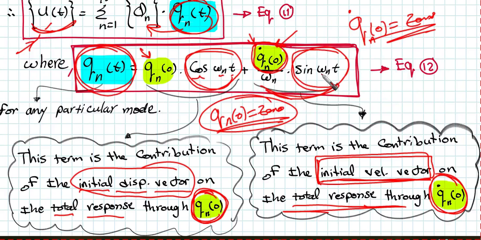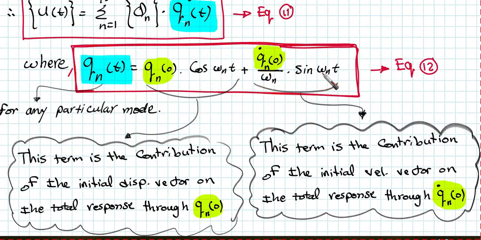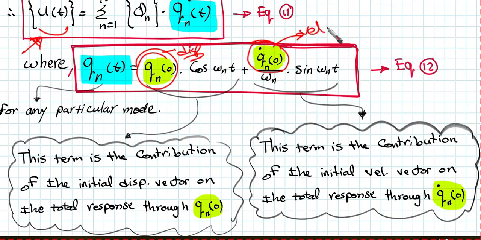So we can claim that the channels through which initial conditions affect the total response are Qn node and Q dot n node. This is for displacement. This is going to be for velocity.